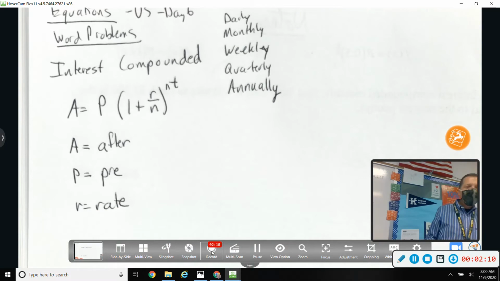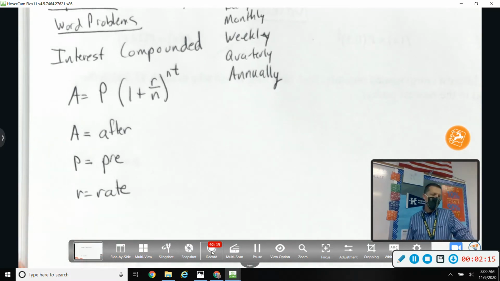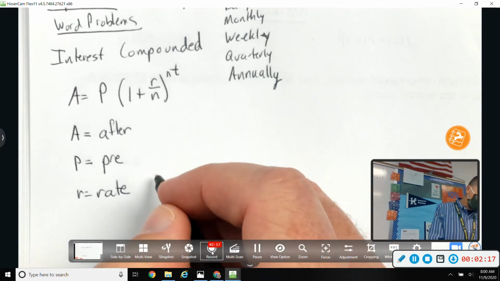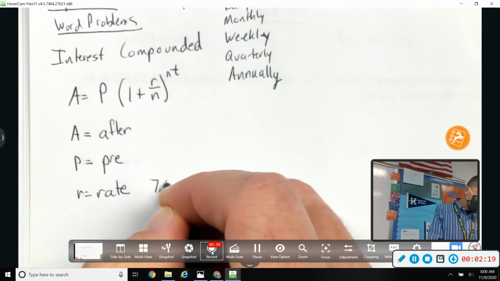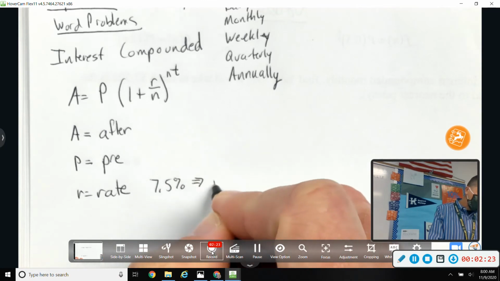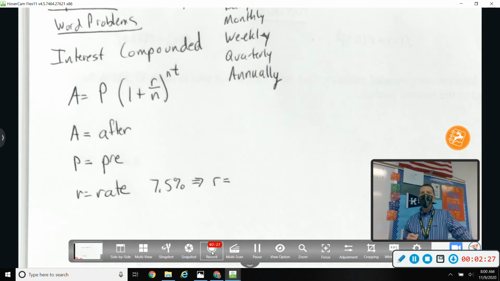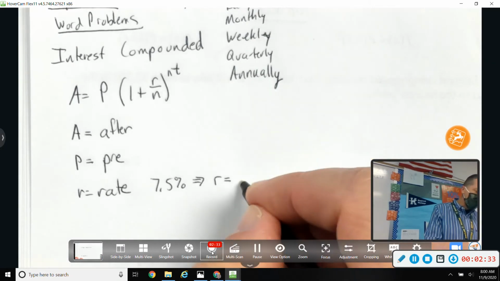R is the rate. Although you got to be careful here, because 7.5% would mean that R equals, do you remember? 0.075. You move the decimal 2 places.